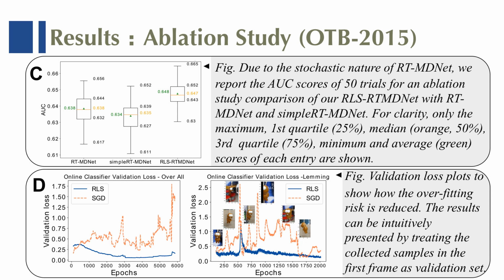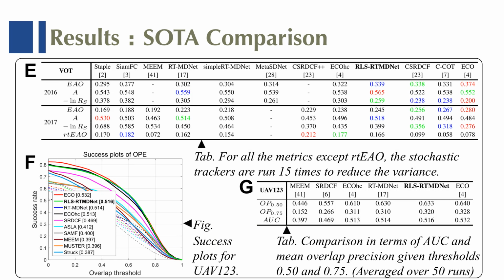We also tested the collected samples in the initial frame, and the plots clearly show its memory retention property. More comparisons on the VOT and UAV benchmarks also show statistical improvements over several runs, and we do not require pre-training and fine-tuning to achieve that.